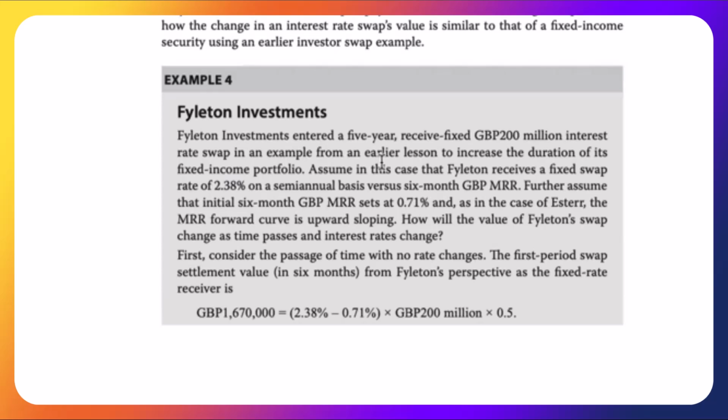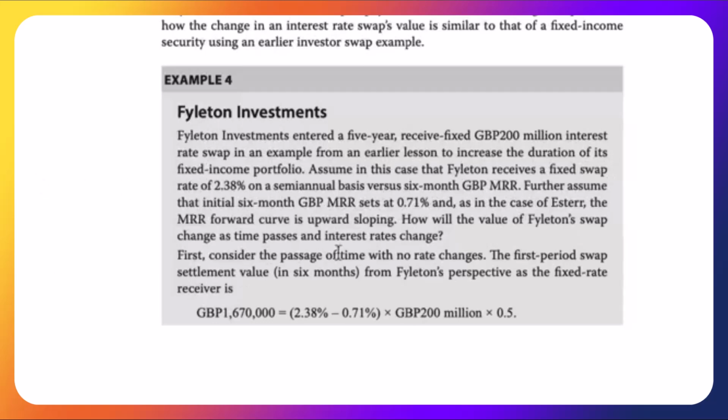Assume in this case that Peloton receives a fixed swap rate of 2.38% on a semi-annual basis versus 6-month MRR. Further assume that the initial 6-month MRR sets at 0.71% and, as in the case of Esther, the MRR curve is upward sloping. How will the value of Peloton's swap change as time passes and interest rates change?